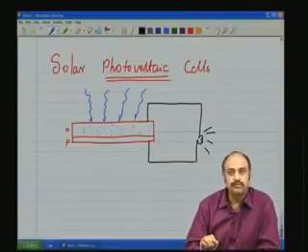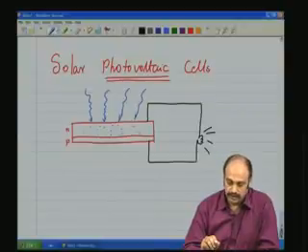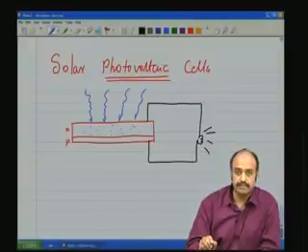This is the principle of the photovoltaic cell in its most simplistic form.